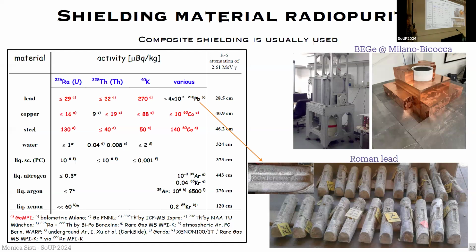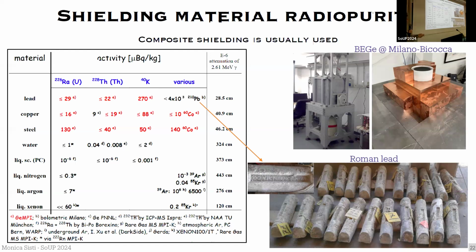Even a large experiment like CUORE, despite its dimension, still has a passive shielding made of lead and copper. But if you have JUNO, for example, you cannot think of a lead shielding around. The only possibility here is to go with liquids. Here you have the attenuation factor of the 2.6 MeV gamma, a comparison for all the materials, and you see the radioactivity content of some samples of these materials.